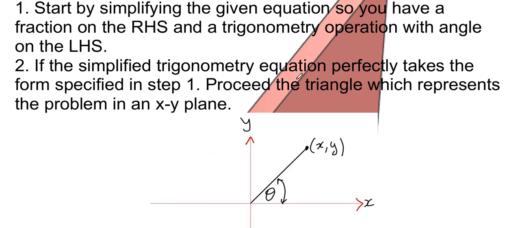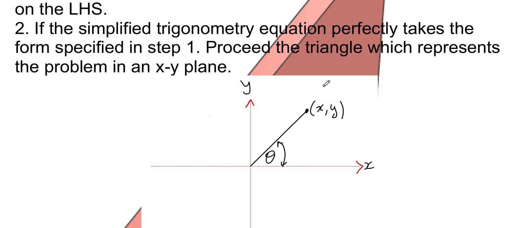Then the next thing you want to do is to use the given or simplified equation to plot, using the angle you just calculated and the right hand side, to determine the coordinates. How do you do this?